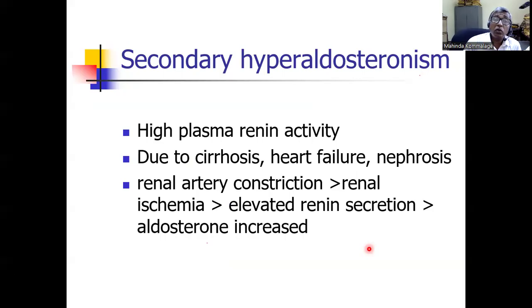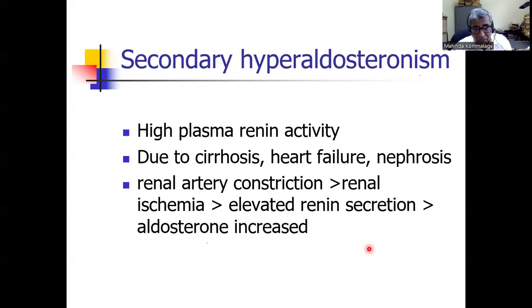Sometimes there is a condition called secondary hyperaldosteronism. That is not due to adrenal cortical problems in production of aldosterone, but due to some other reasons. As an example, if our renin secretion increases due to some problem, what happens?